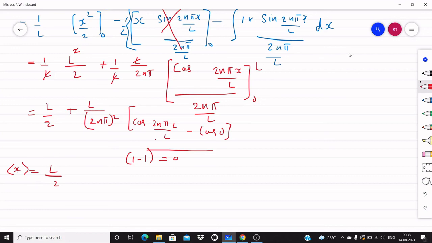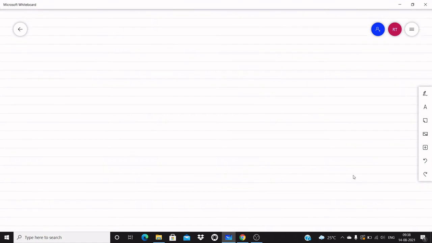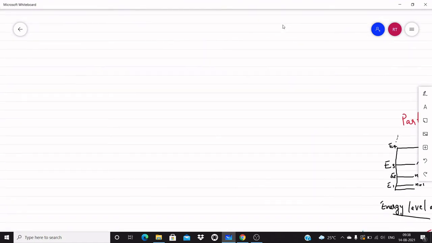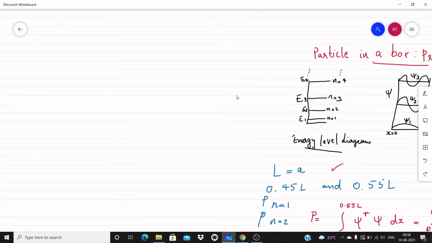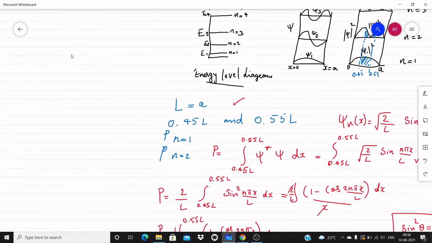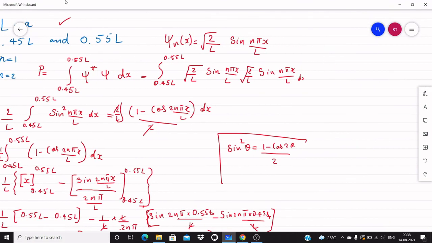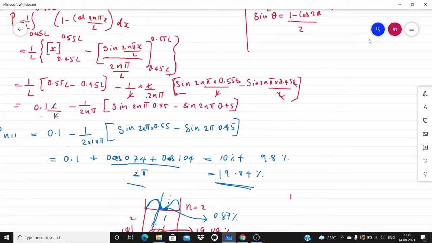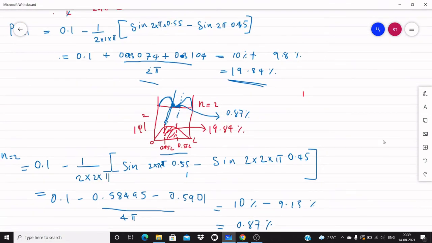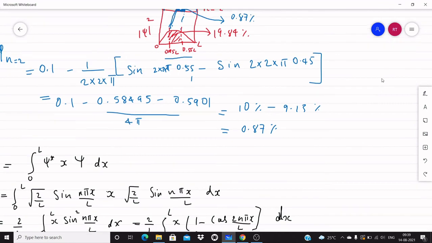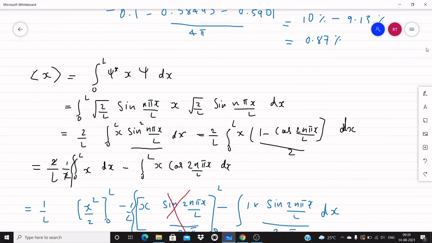Okay, let us just go back. For calculating the expectation value, we wrote the definition, substituted the value of psi star and psi.